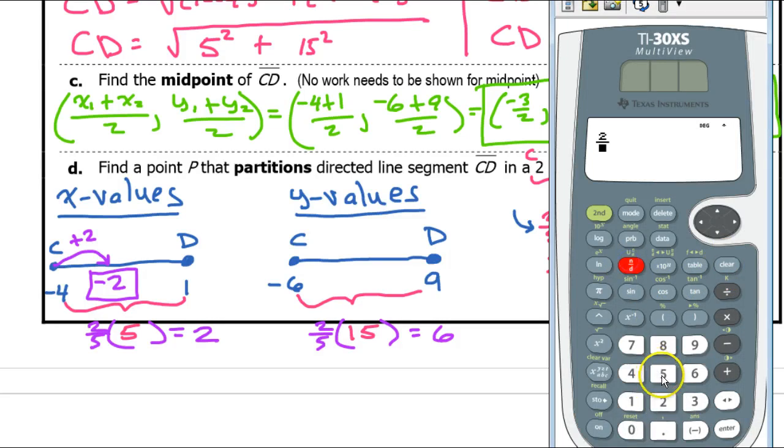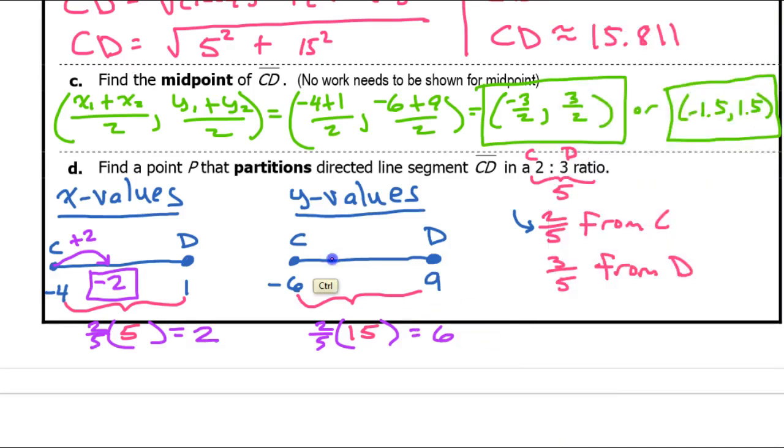So you would have to do 2/5 times 15, and of course you're going to get 6. So that tells us that we're going to have to go 6 units from C, so that's +6. -6 plus 6, that's 0. Kabam! So that is the y value of the partition.